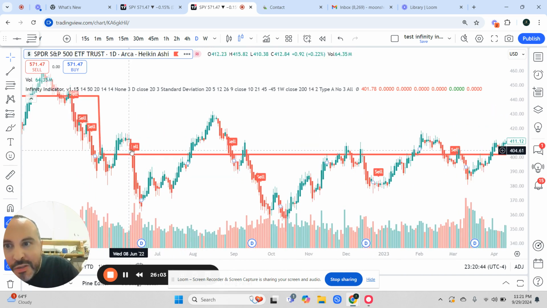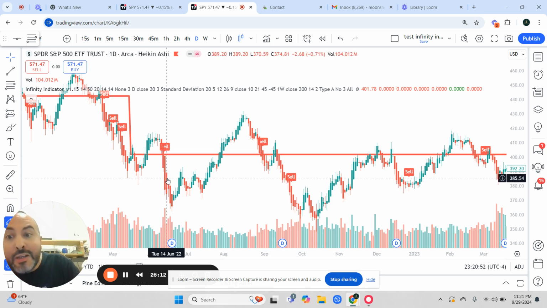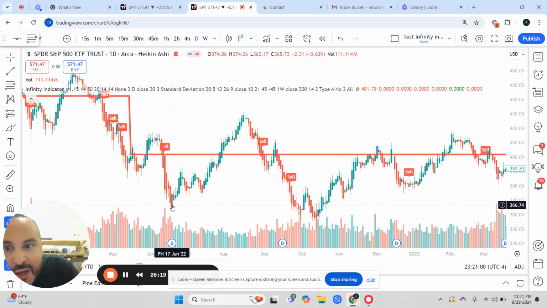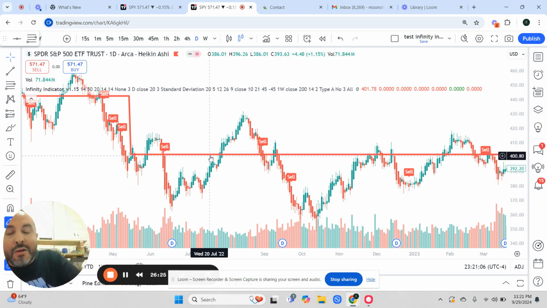And as you can see, the indicator works great, guys. This may not look like an amazing play, but we opened here on this candle at about 389, and then you had a chance to take profits at 374, not even a week later.